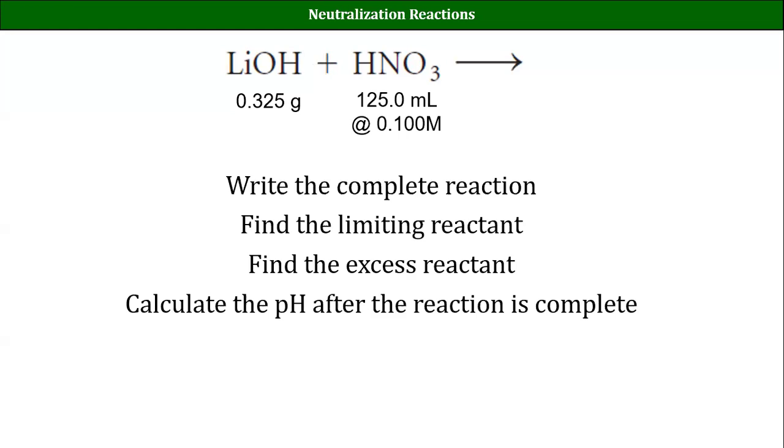Figure out the concentration of the excess reactant. And for these problems, especially at this point, it's always going to be a hydroxide and a strong acid. So either your hydroxide is left over and you find pOH the way we just did, or if your acid is left over, you find your concentration of excess acid and take the negative log, and that gives you pH.